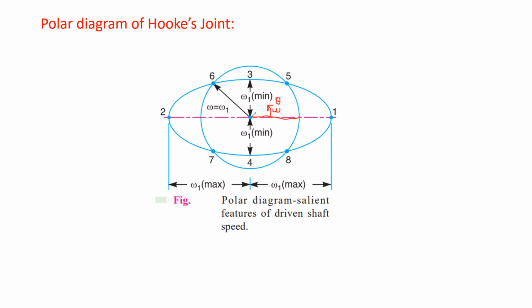Suppose when theta is equal to 10 degrees, what is the angular velocity of the driving shaft? It is still constant, equal to omega.